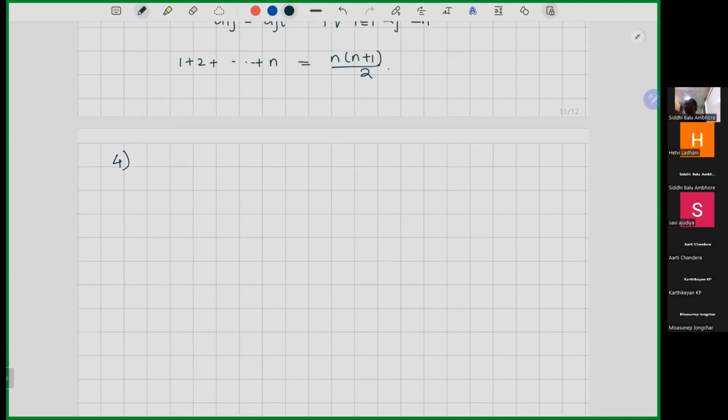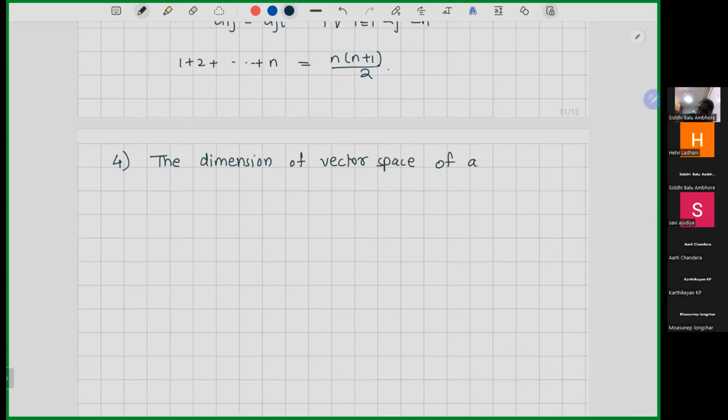And now the last, not the last, fourth one. Now they are asking about the dimension of the vector space of all n cross n matrices. N cross n.